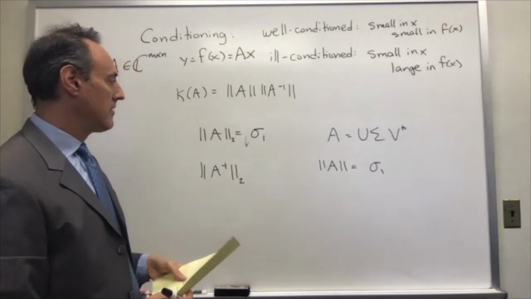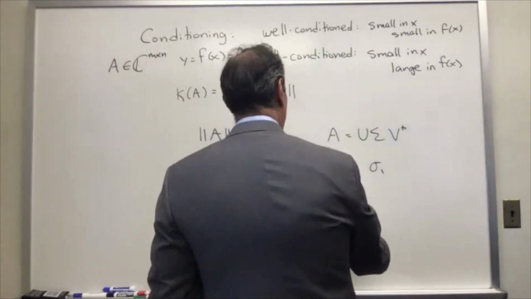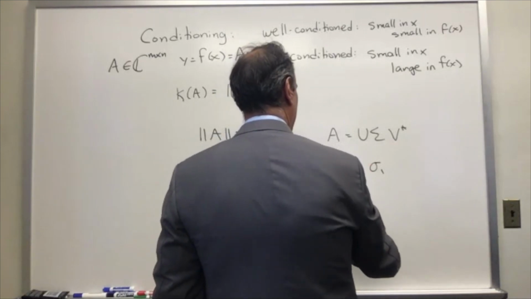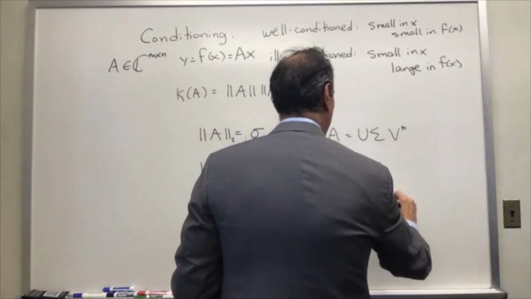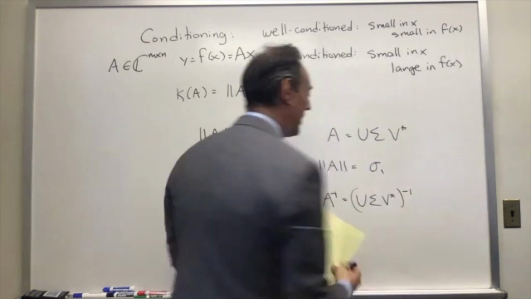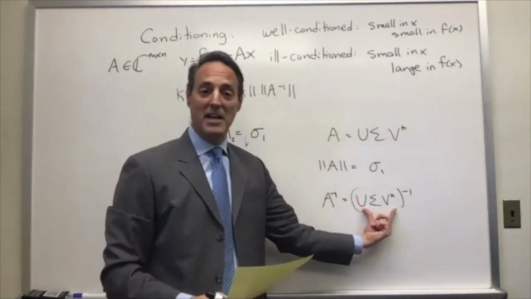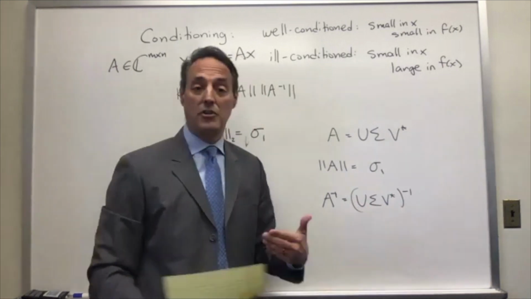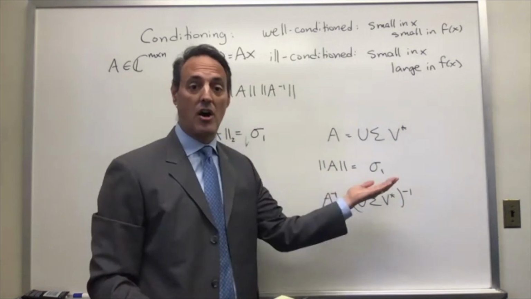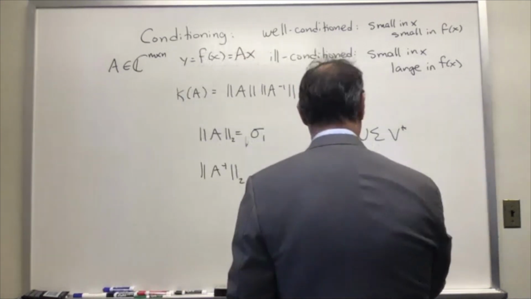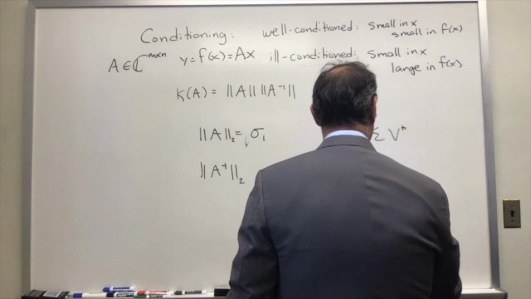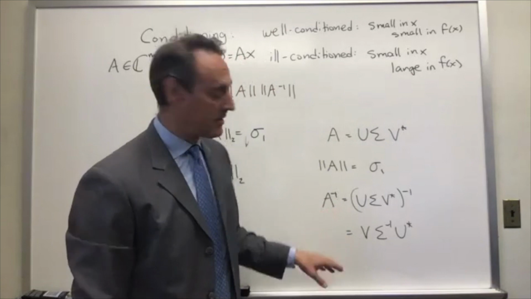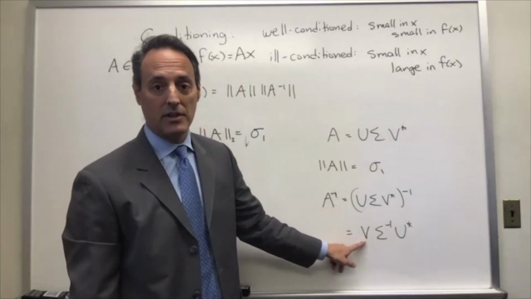Well, let's talk about A inverse. If A is this, remember, A inverse is equal to U sigma V star, all inverted. But these are all unitary matrices, so this is very easy to compute, because the inverse of a unitary matrix is just its conjugate transpose, and so forth. You're going to basically get V sigma inverse U star. If you take the norm of this, what's the norm of a unitary matrix? 1.